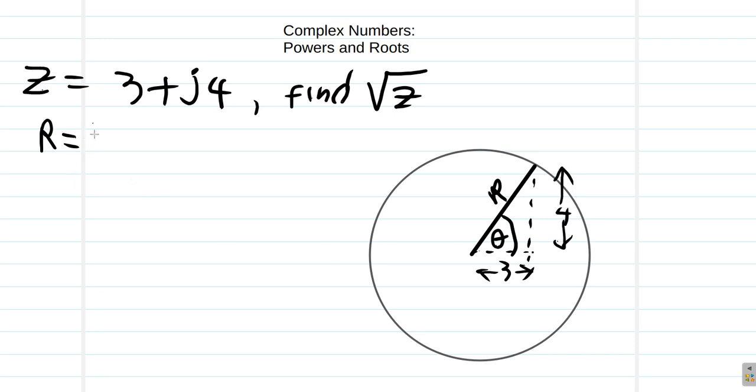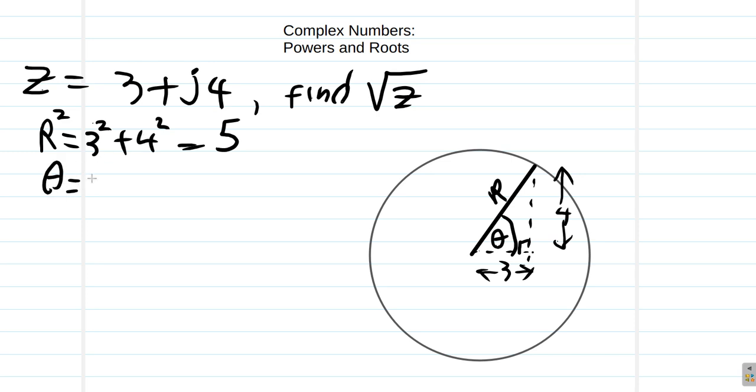So r, the hypotenuse of this right angle triangle, r squared, is equal to one side 3 squared plus the other side 4 squared. If you work it out, r squared is 9 plus 16, which is 25. And then r is the square root of 25, which is 5. R will be 5. Alright?